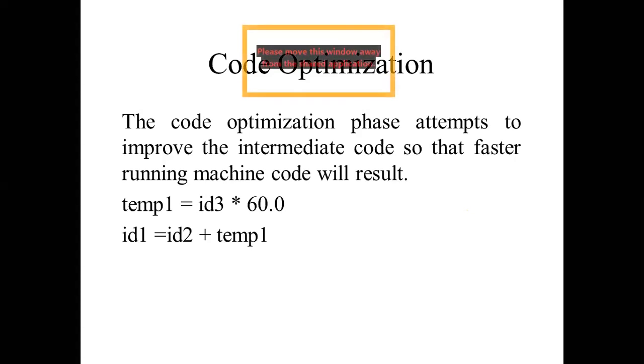How do we reduce the redundant expressions? By considering the temporary variable, and ultimately we can reduce the memory requirement. Similarly, here we are doing code optimization, reducing the memory requirement of the program.